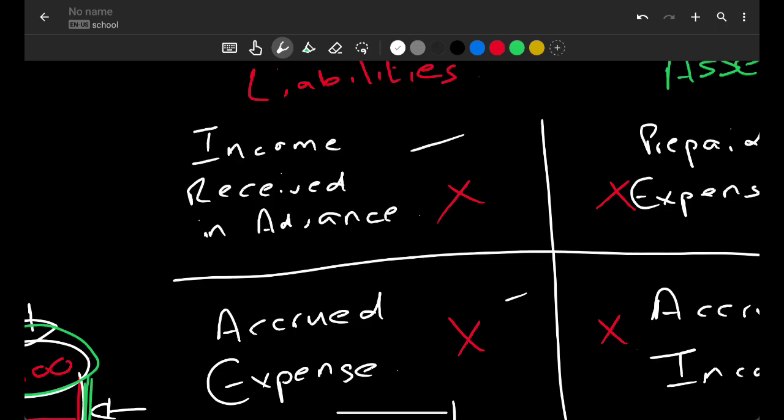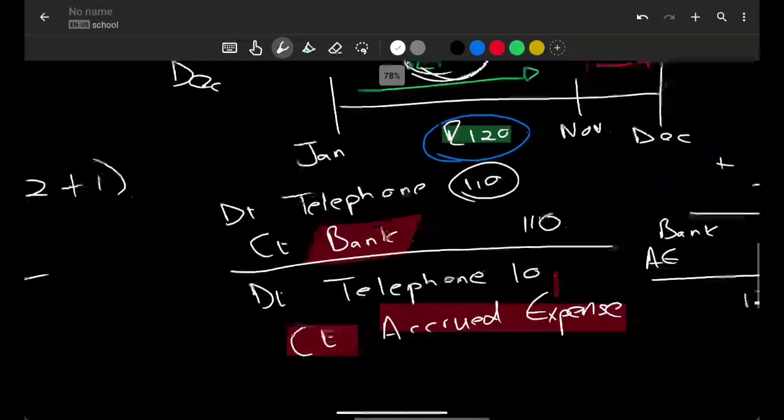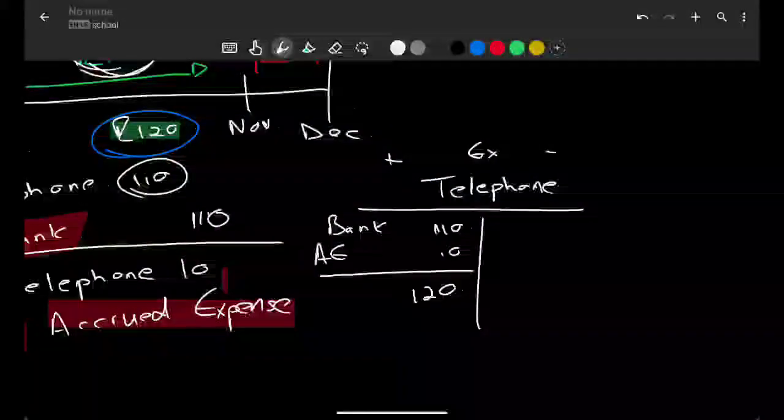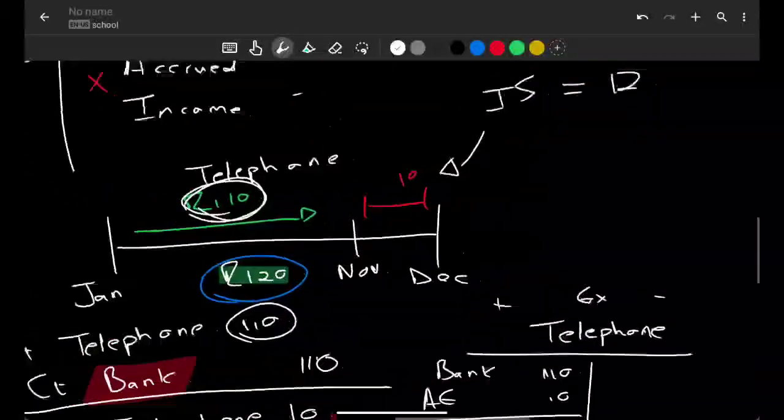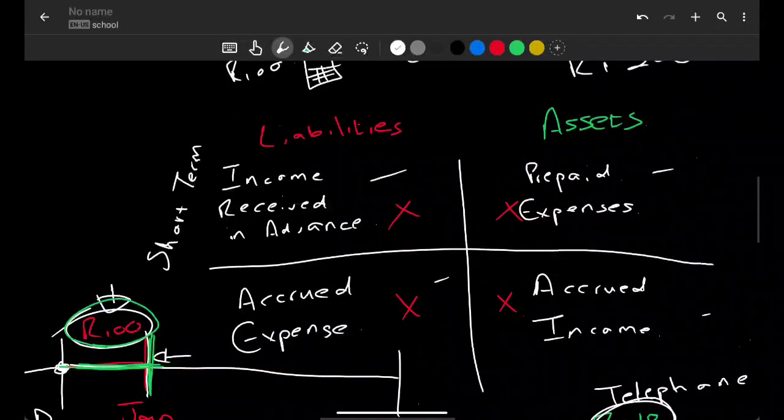It's a liability that does not last longer than 12 months. So these two are short-term liabilities, right? And then here we just created one with telephone and that expense there, right? So those are our two liabilities.